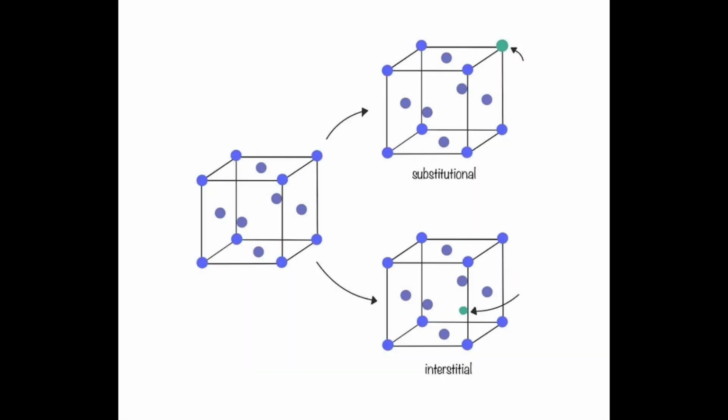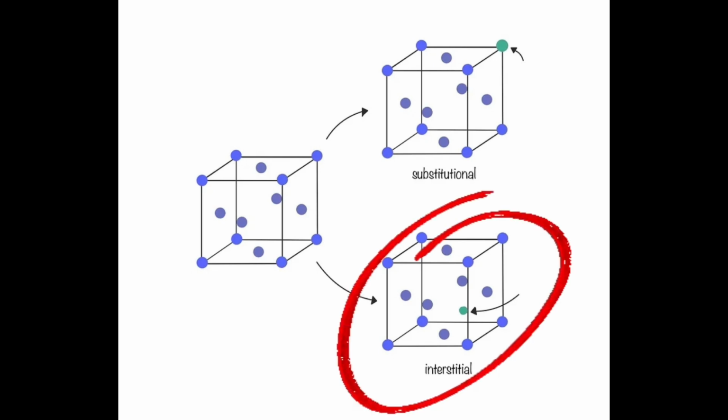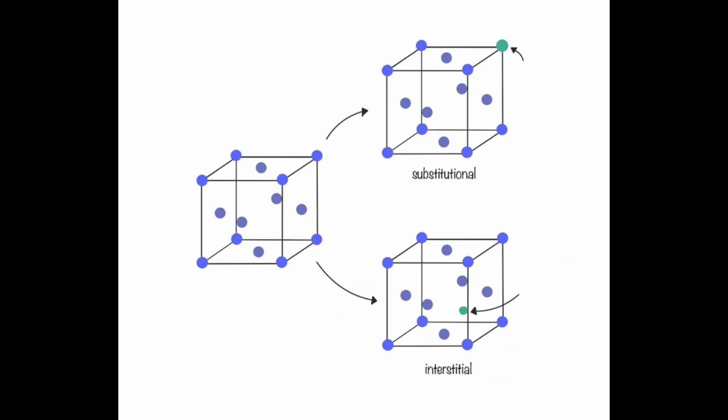The atoms can either be introduced into empty spaces in the lattice, which is called interstitial doping, or they can replace the existing atoms in the lattice, which is called substitutional doping. Doping creates a barrier for propagation of dislocations in the lattice, which is referred to as a pinning effect.